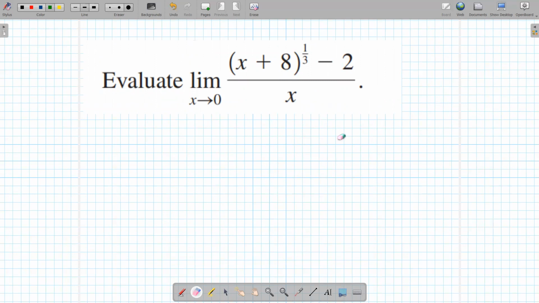What do we do in this case? So limit as x approaches 0 of cube root of x plus 8 minus 2, over x. And again, what does to the power of 1 over 3 mean? Cube root of x plus 8, the entire thing, like that.